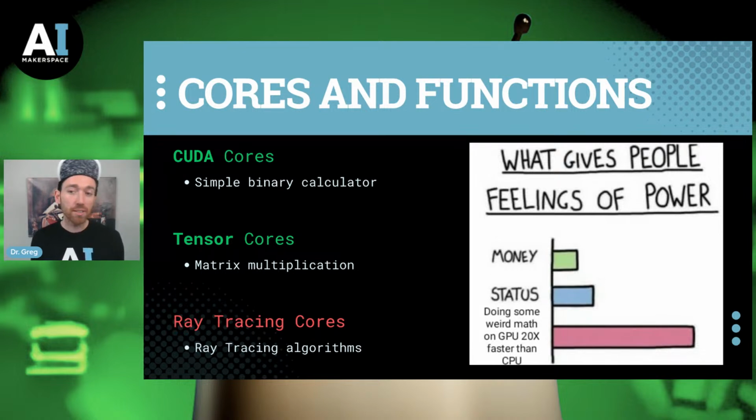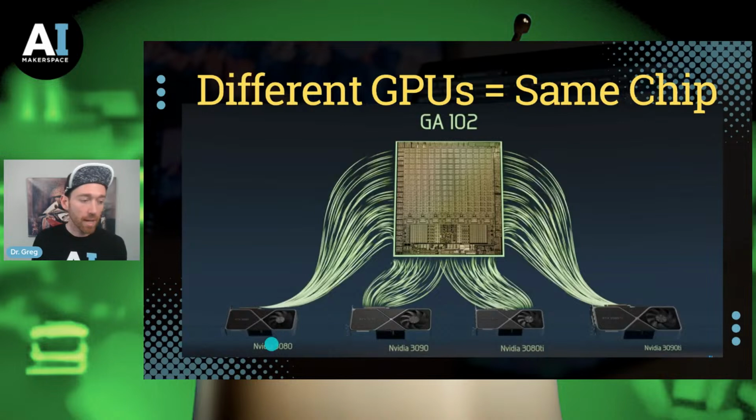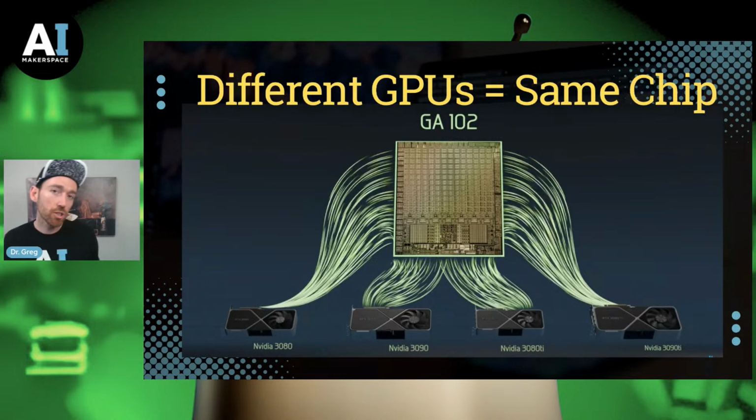And of course, the ray tracing cores, while they're actually the largest and fewest, they're used to execute ray tracing algorithms, which are not used in LLMs. Okay, so there's this entire part of the GPU that is for graphics processing that we don't need for AI. Now, also, interestingly, this exact same chip is used across the NVIDIA 3080, 3090, 3080 Ti, 3090 Ti. The one we just saw, if it works completely, that's the 3090 Ti.